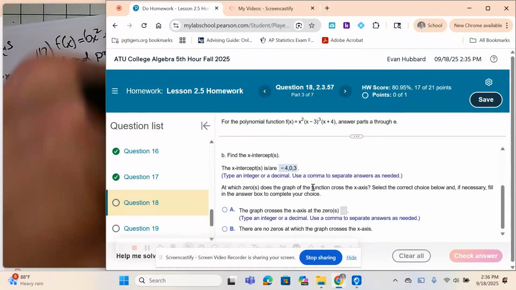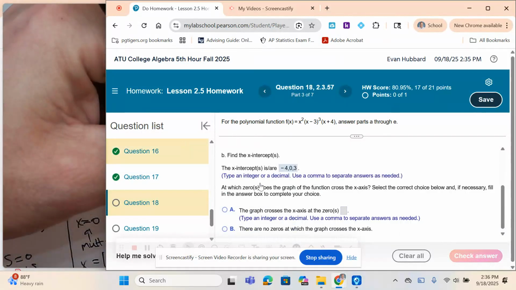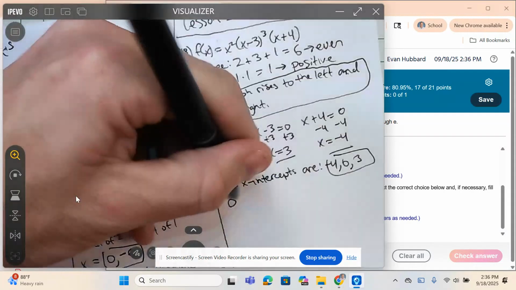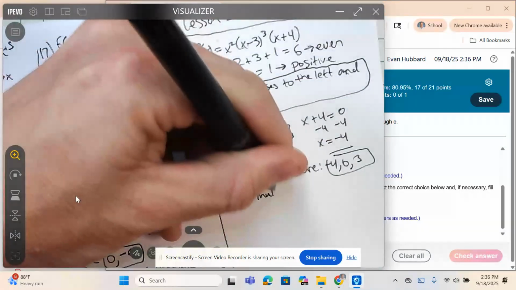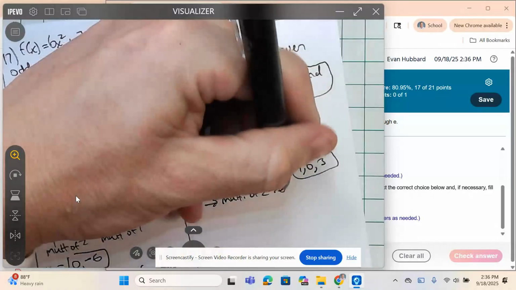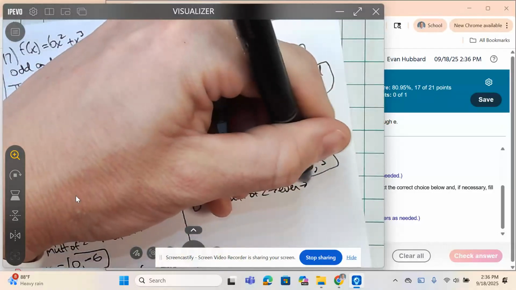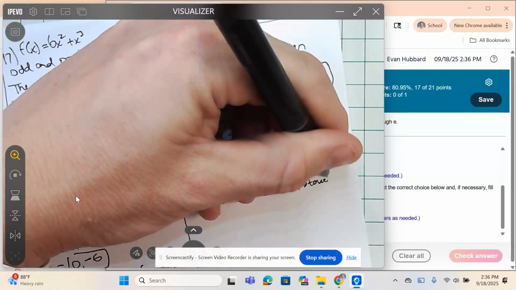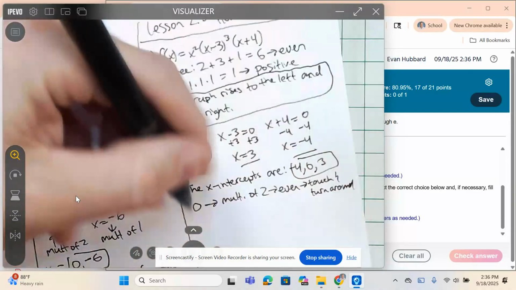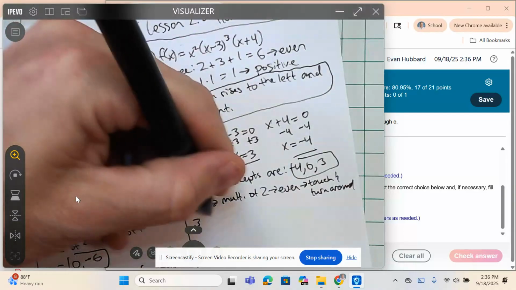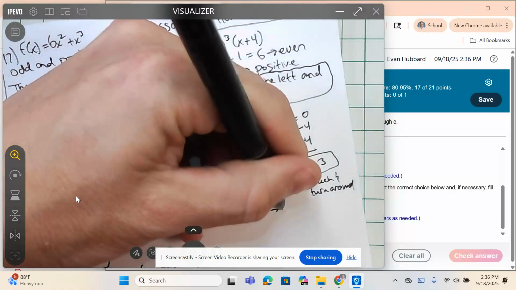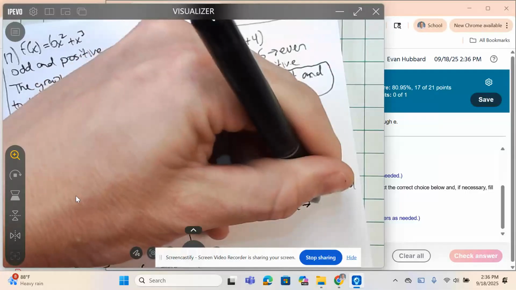All right, so now on this one, we're going to look back here. 0 has a multiplicity of 2. That's even, so it's going to touch and turn around. For 3, the multiplicity is 3, and this one's odd, so it's going to cross the x-axis.